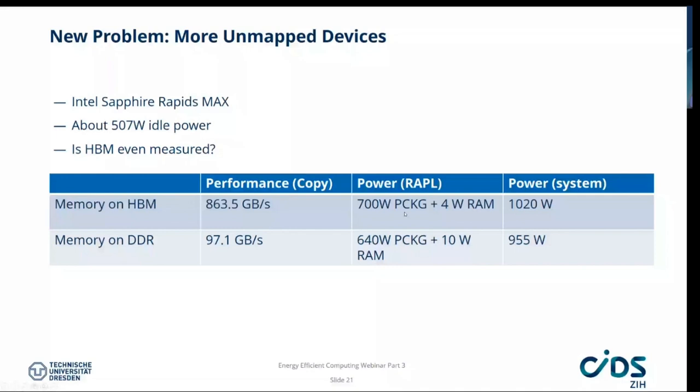Probably not, because the higher package power consumption should come from less stalling in the cores because they get the data faster. Then maybe we would want to only look at the HBM energy that we use, or only look at the package energy without the HBM, even if it was included here. So yeah, that will not work.